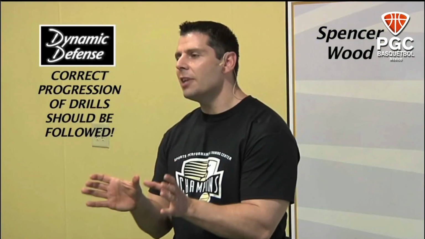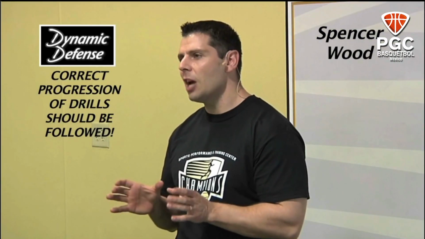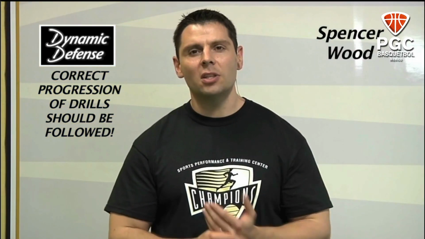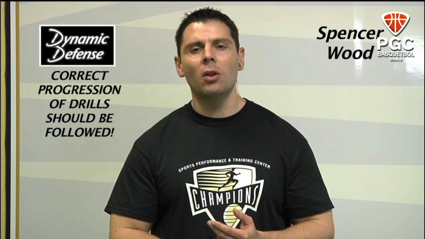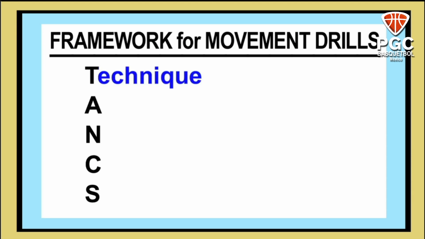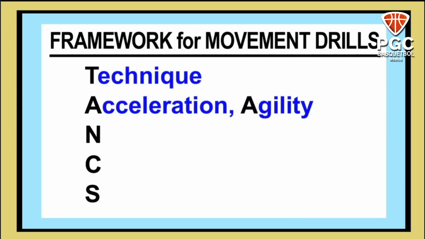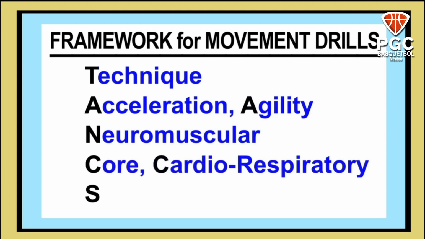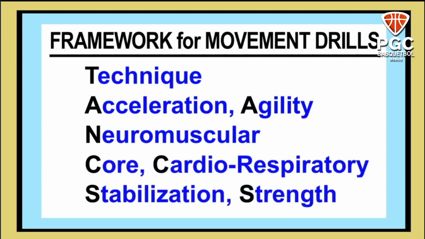If that is our foundation, what is our framework? What type of drills and skills do we put on top of that foundation? One of the easiest ways to understand the framework is by looking at the acronym TANCS, T-A-N-C-S. A well-rounded collection of movement drills for defense will involve technique, acceleration, agility, neuromuscular training, core, cardiorespiratory conditioning, stabilization, and strength.